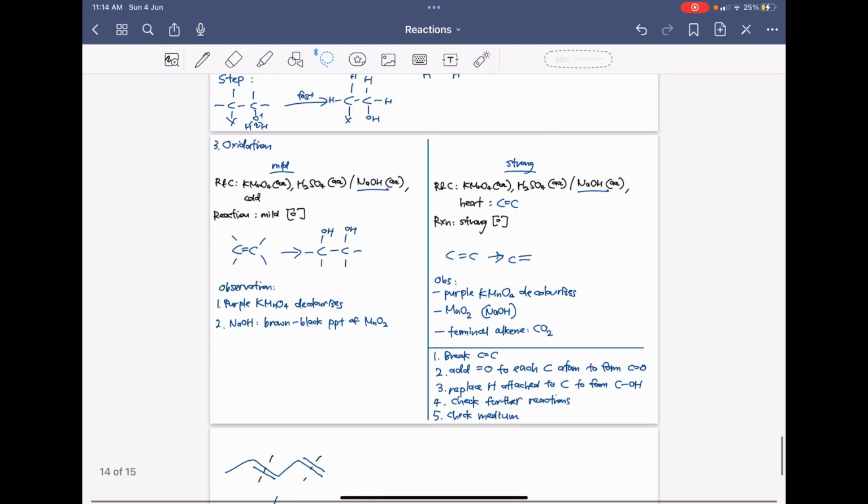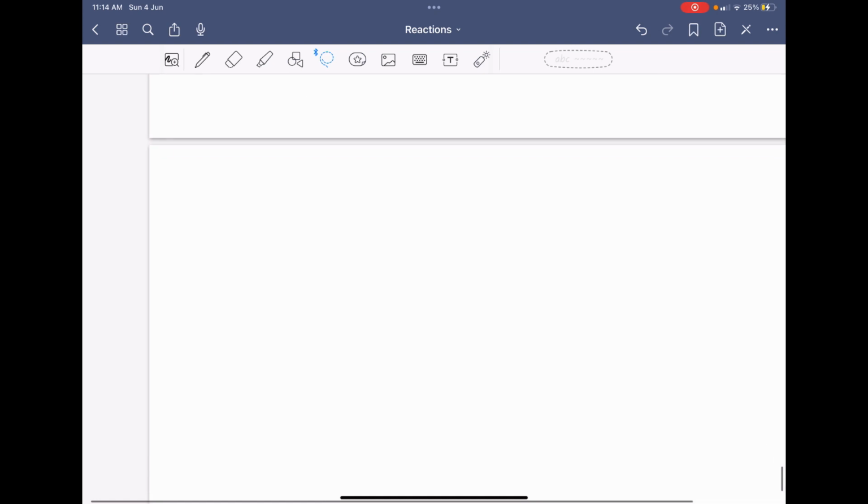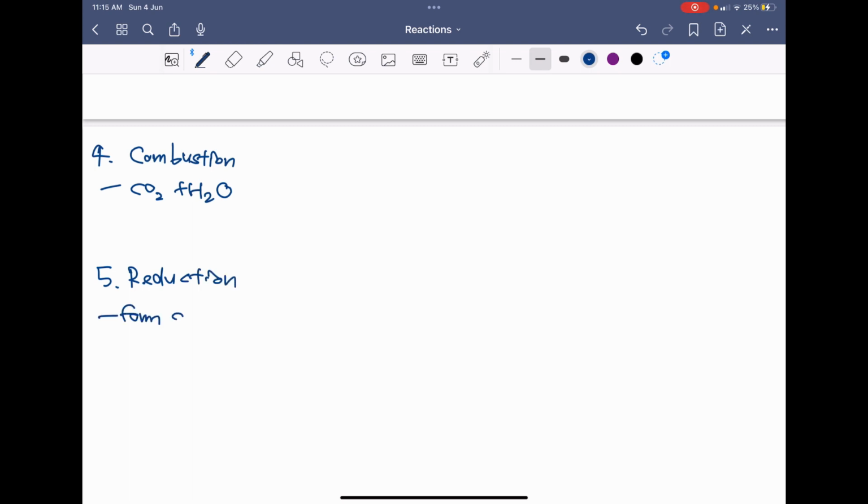And so now we've gone through oxidation, everything, and now we go through the final few simple reactions of alkenes. So we have combustion, you know, same idea, you form CO2 and H2O, and lastly reduction. Well, you form alkanes.